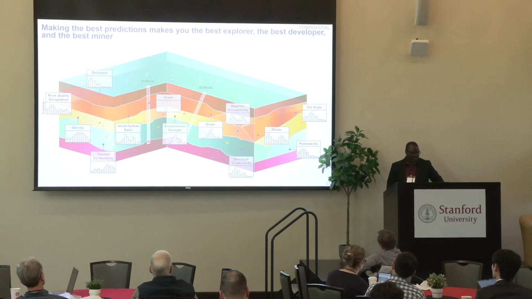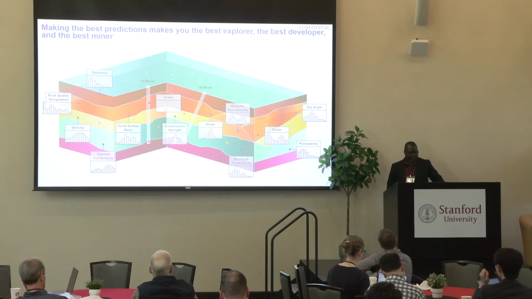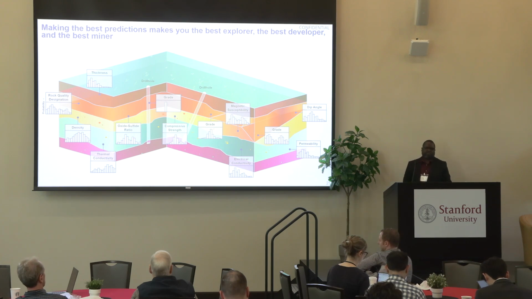We look at RQD. We look at densities. All of this is filtered through our in-house software that helps us to prioritize as we go to the classic mine design and mine planning process.